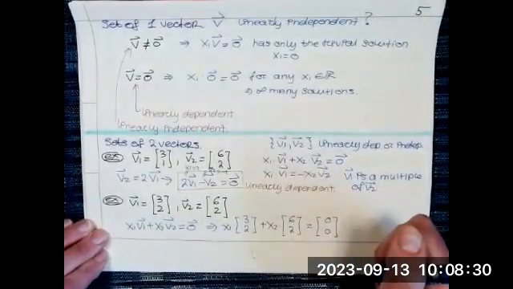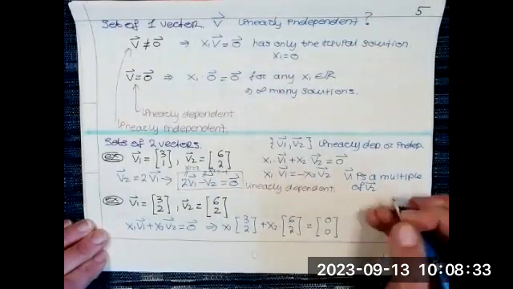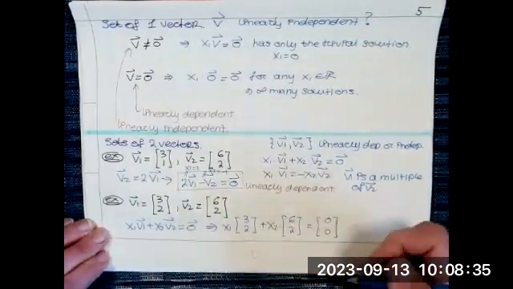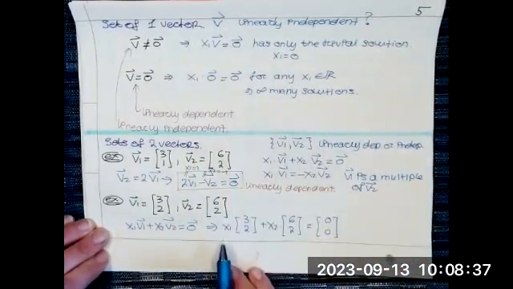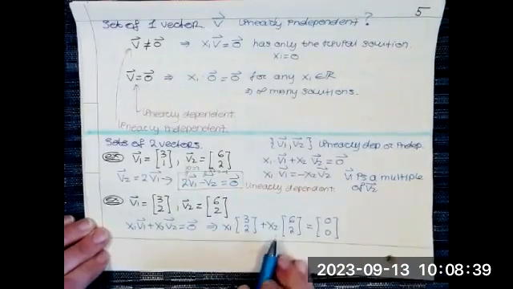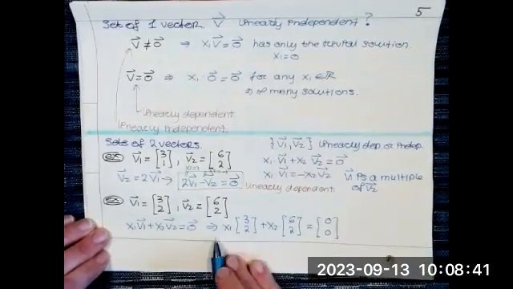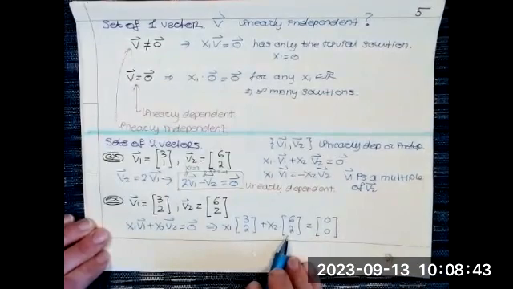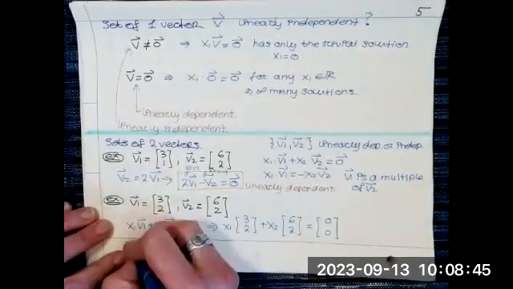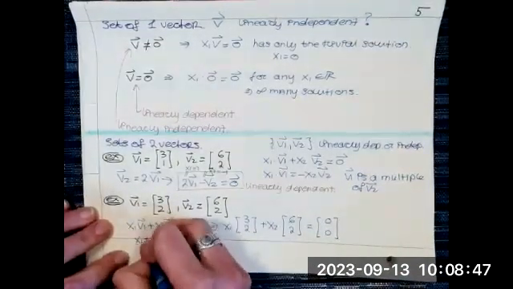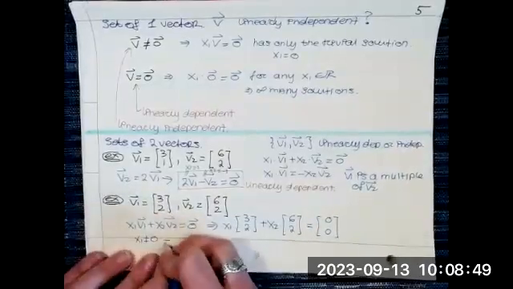Now if this set was linearly dependent, then at least one of x1 and x2 is not 0. So suppose my x1 is not 0.